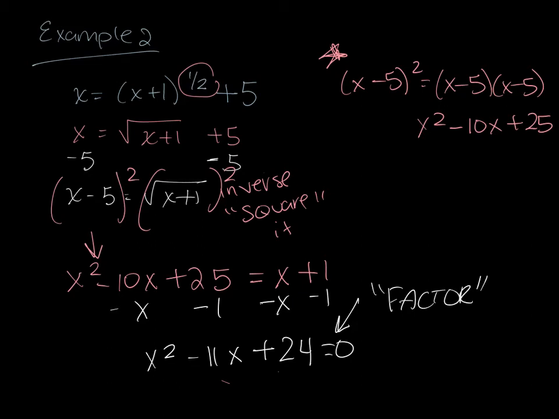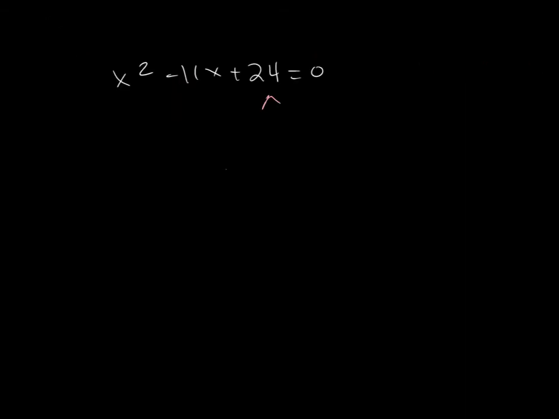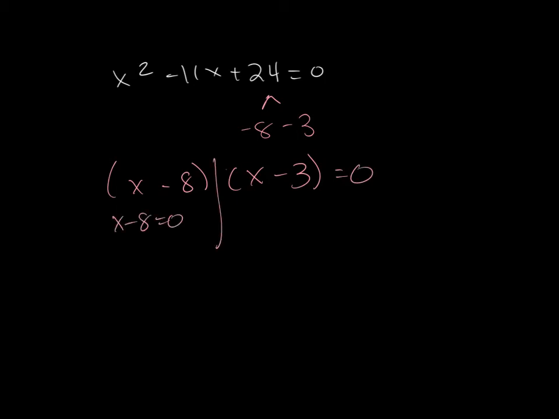You need to find two factors of 24 that when I multiply them, I get 24, and when I add them, I get negative 11. My option is negative 8 and negative 3. So I'm going to have (x minus 8)(x minus 3) equal to 0, which means x minus 8 equals 0 and x minus 3 equals 0. So my answer choices are 3 and 8.